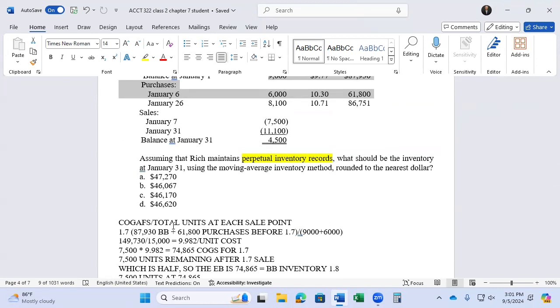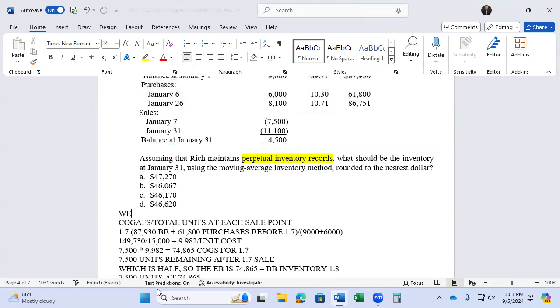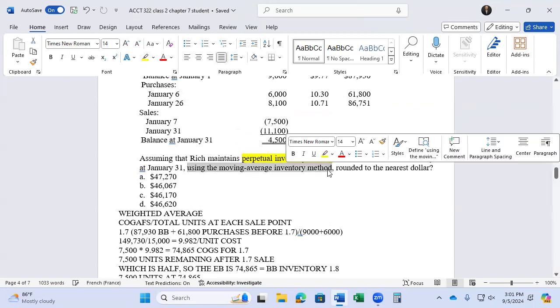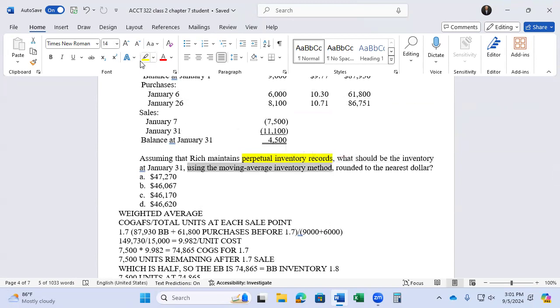This is like the weighted average. Right, so here we're using the moving average inventory method. I didn't get to FIFO yet, so that's a great question, and you kind of had me nervous there for a second. So this is just an example of what we talked about before.